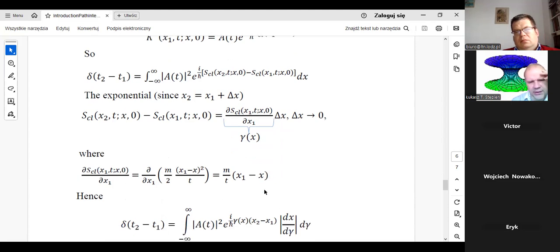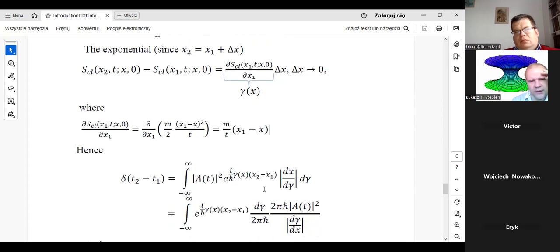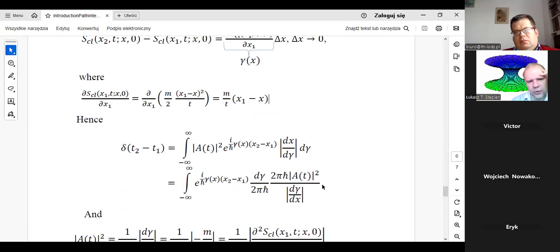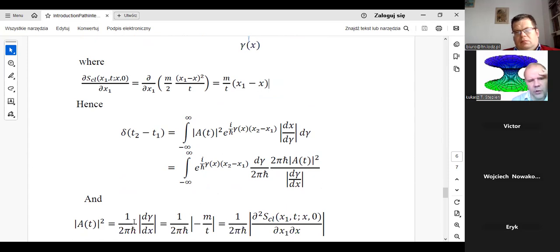We insert this here, and we change the integration variables, going from x to gamma, because of the contribution from the Jacobian. So we change the variables in the integral. If we compute this, we obtain such a formula. The square of the absolute value of A is equal to this.